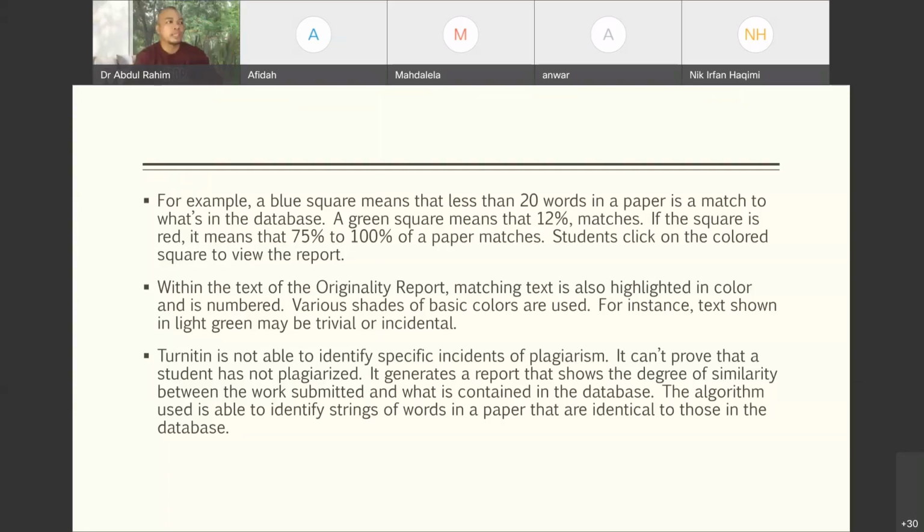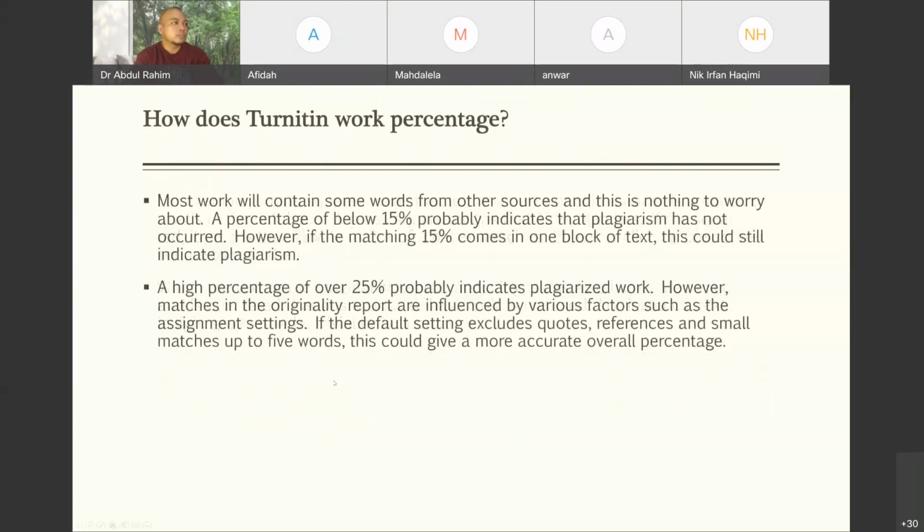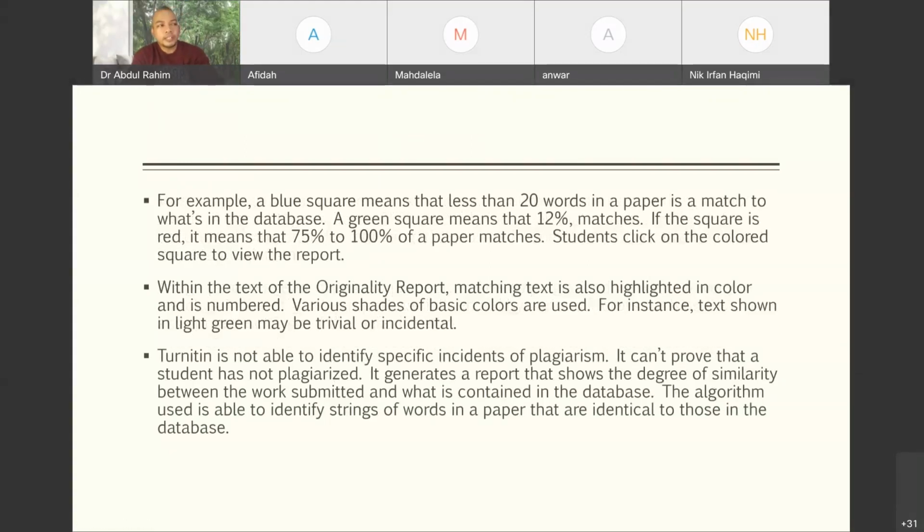A bit about Turnitin. Turnitin is not able to justify specific incidents of plagiarism. It can't prove that the student has not plagiarized. It generates a report that shows the degree of similarity between the work submitted and what is contained in the database. The algorithm is able to identify strings of words in the paper that are identical to those in the database.